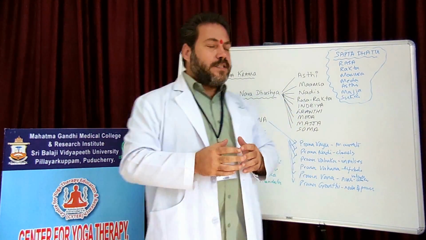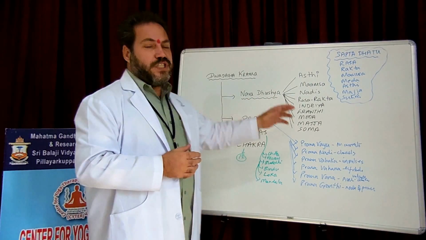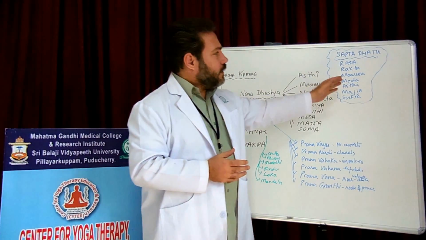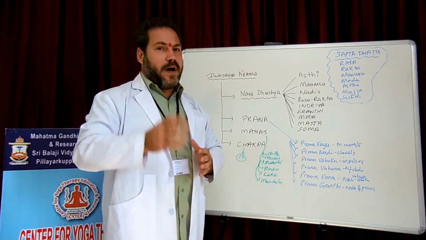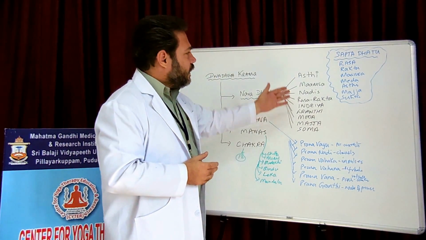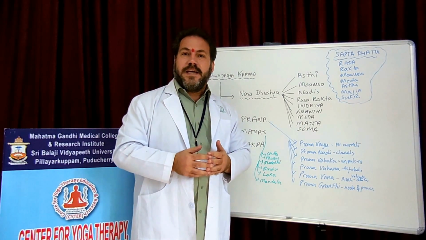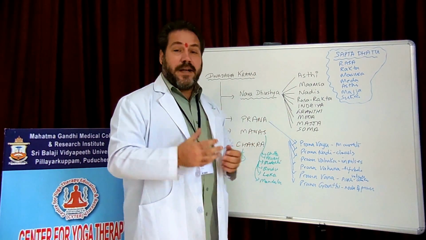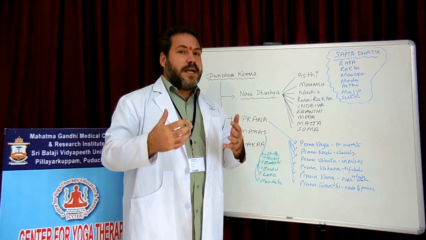Of these components, the Nava Dhushyas, the 9 substances, are a parallel to the Sapta Dhatus of Ayurveda with slight modification. The first of them, the Asthi, the bone structure. The second, Maamsa, the flesh, the musculature.